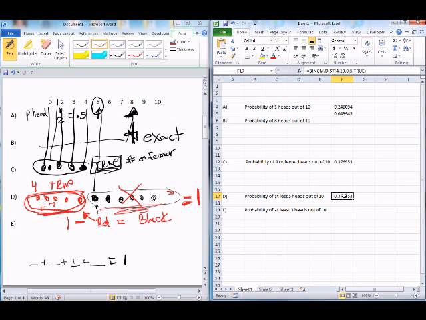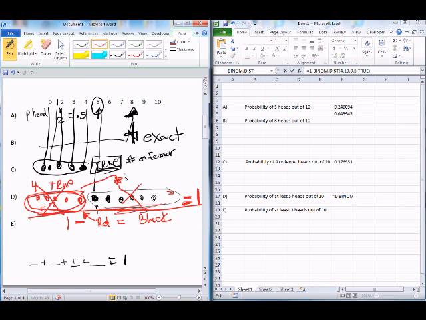So I'm going to go back into this box. I'm still in this box. Watch what I do. After the equal sign, I'm going to type in 1 minus. The whole probability is 1. I'm going to subtract this probability, which is red. So it's 1 minus the red. That will give me my black probability.